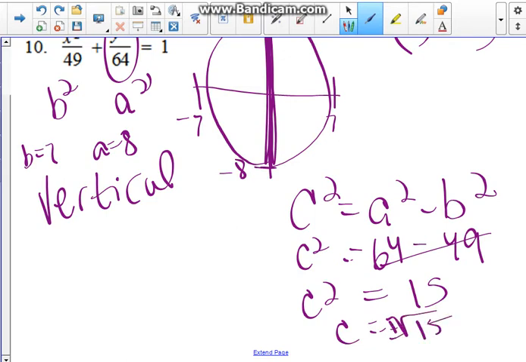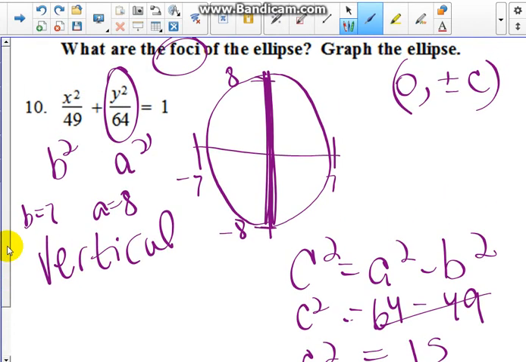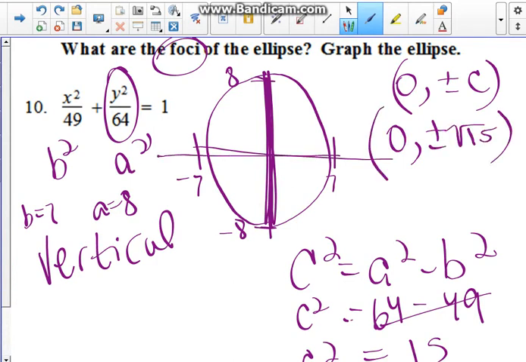So that is our c value, and that's what they ask us for, the foci. So it's going to be 0, positive and negative radical 15. They ask us to graph it, so it would look something close to this.